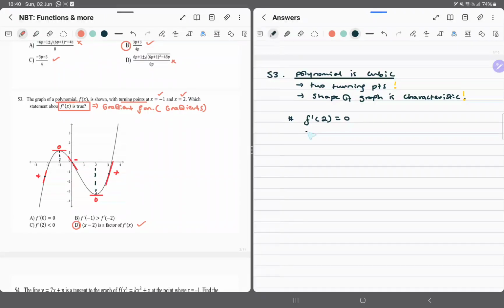If this is the case, it concludes for us that x minus 2 is a factor of f prime x. This is using the factor theorem, sorry, not remainder theorem.